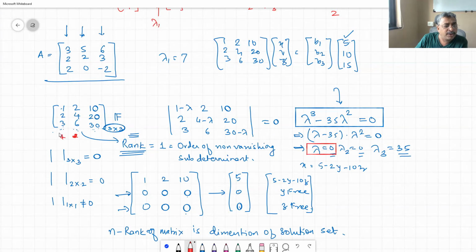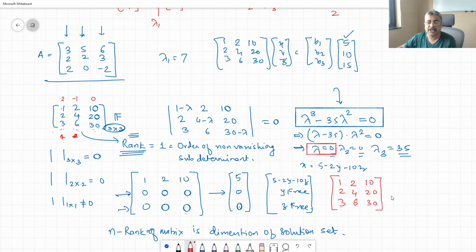essentially if you take 2 of the first vector, minus 1 of the second vector and 0 of the third vector, we get, let us write it again, 1, 2, 3, 2, 4, 6, 10, 20, 30.